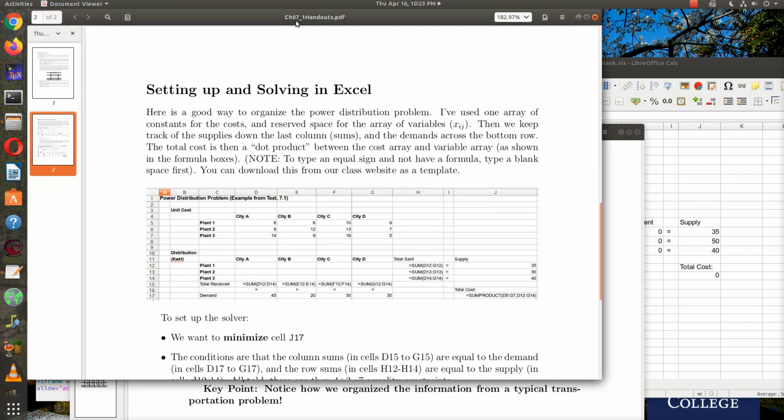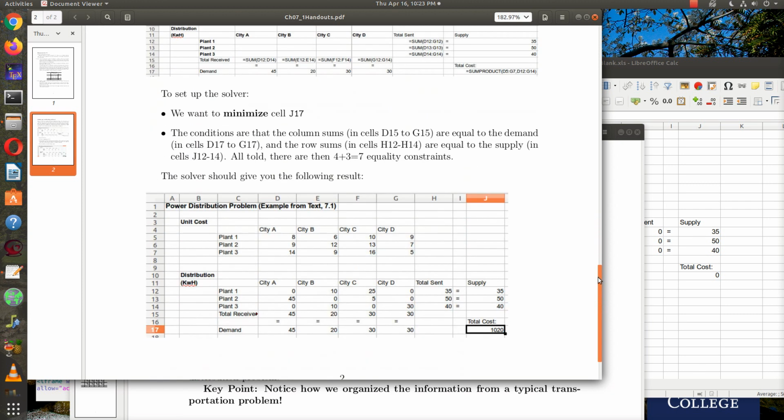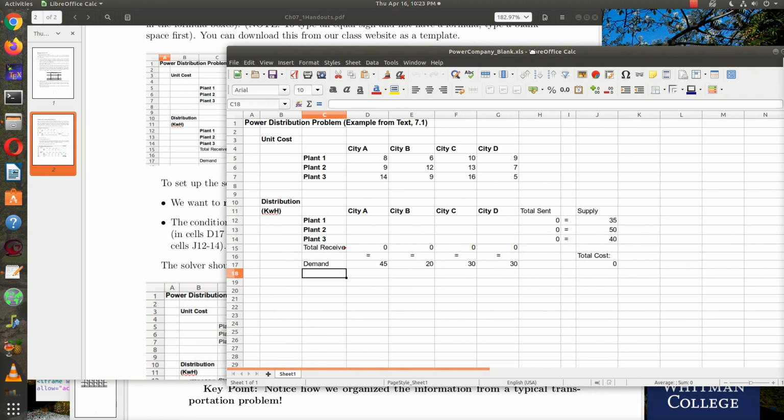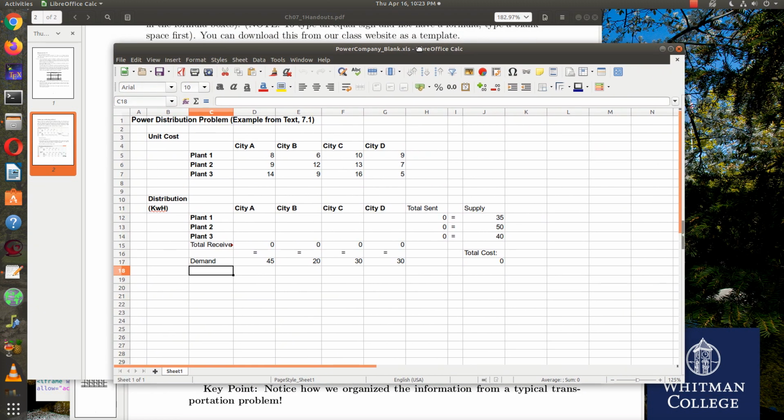If you go to 7.1 handouts.pdf, you'll see a brief description of how to do this. I've got the Excel sheet on the class website, so you might go ahead and download that. Let's take a look. I'm going to save this array for all my costs, and I have a second array where my decision variables are stored.